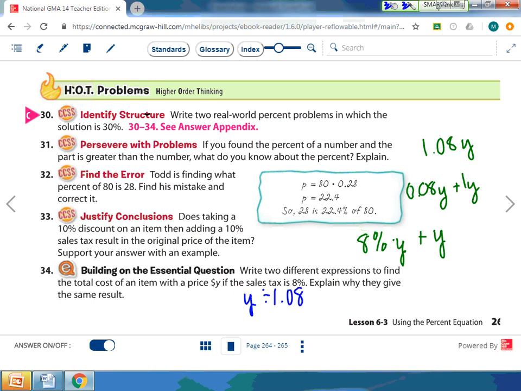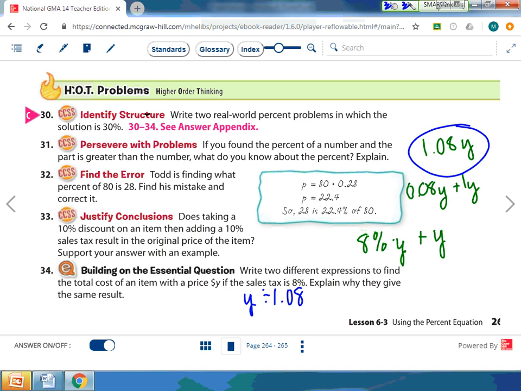Y divided by 1.8. So y would be the whole amount, right? Because that's what it costs. If y was the part, then that would work. But y is the whole amount, so that wouldn't work. We would have to end up multiplying by 1.08y. So that's what I was thinking on that one.